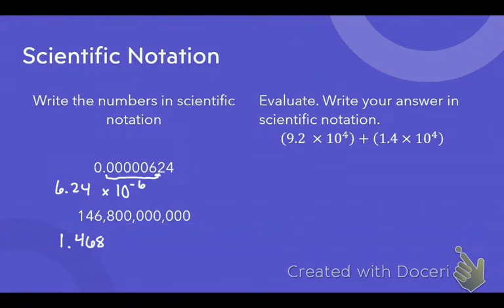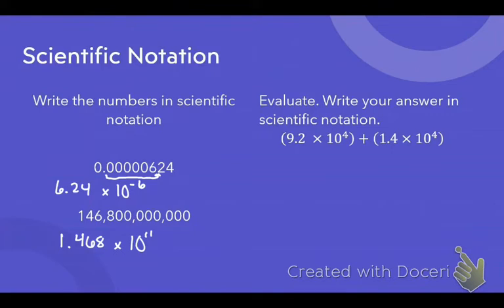It's not how many zeros. It's how many place values do I move to get to the new decimal location. Mikhail, what do you think? 10 to the 11th power. Do you guys see why it's 11, not 8? You're not counting zeros. You're counting place values. It's really important for your final.